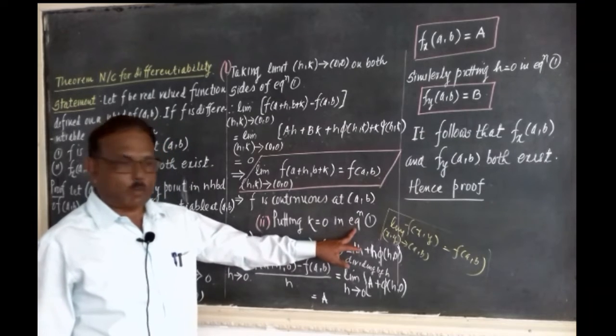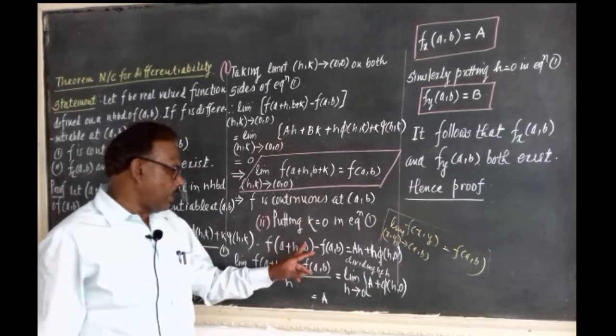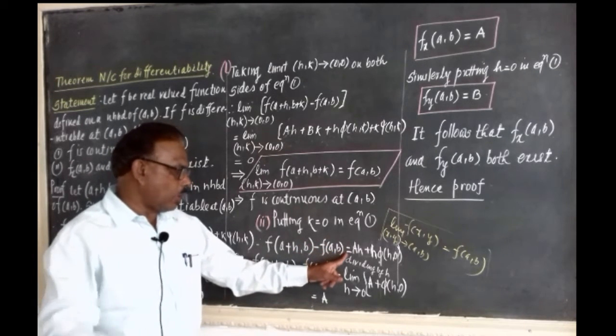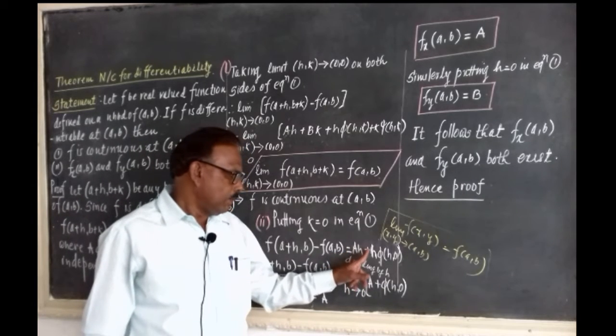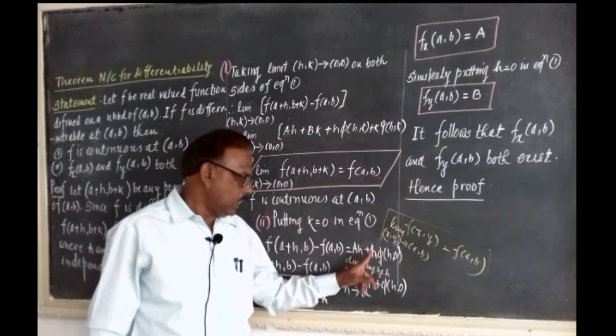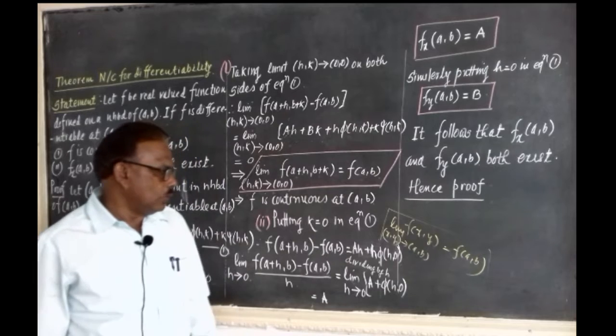Equation 1 takes the form f of a plus h comma b, because k is 0, minus f of a b. On the right hand side of equation 1, a into h remains as it is, plus h into phi of h, 0. Here k is again 0.